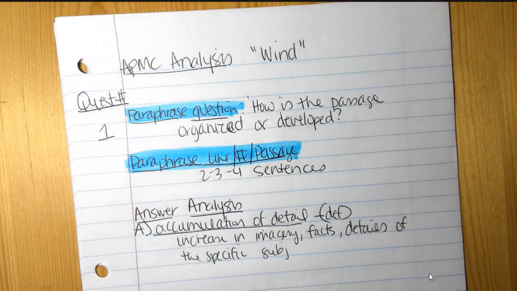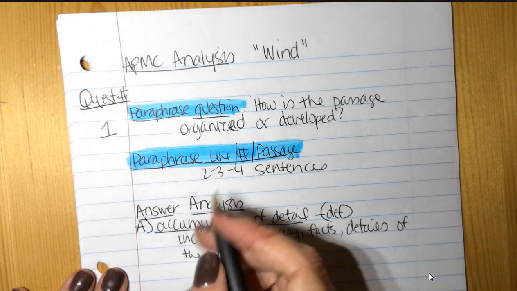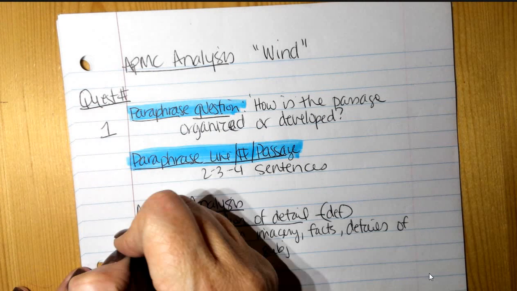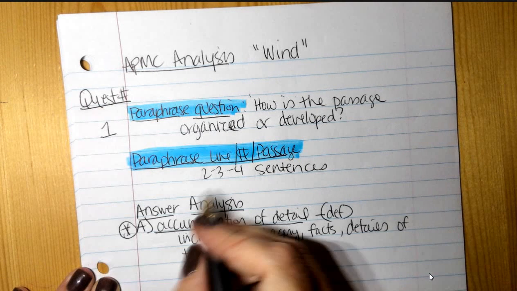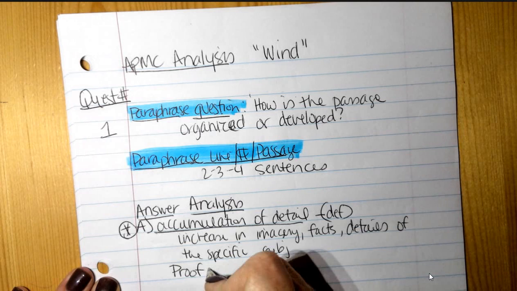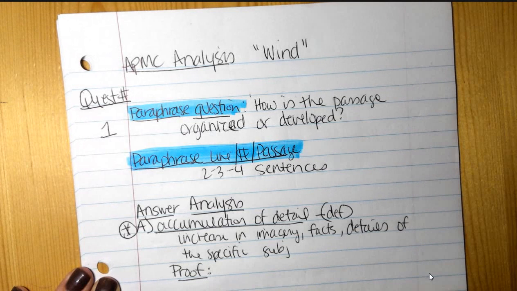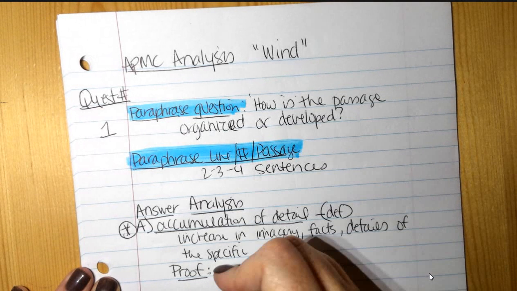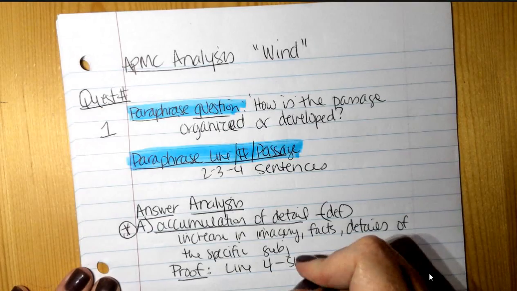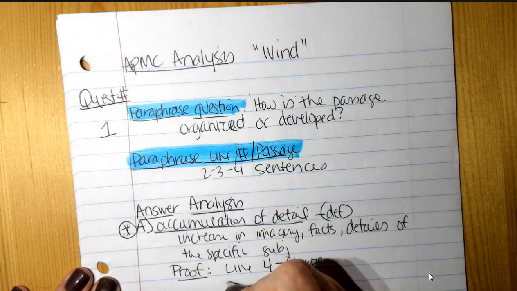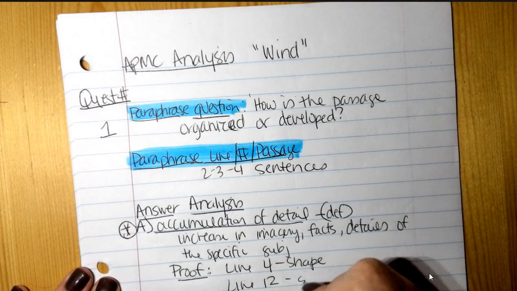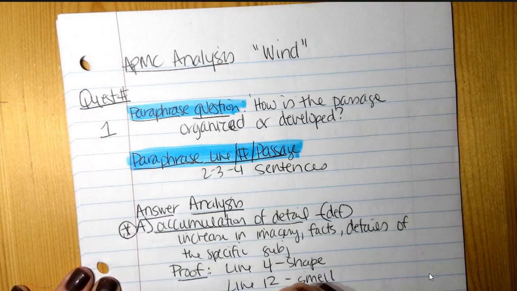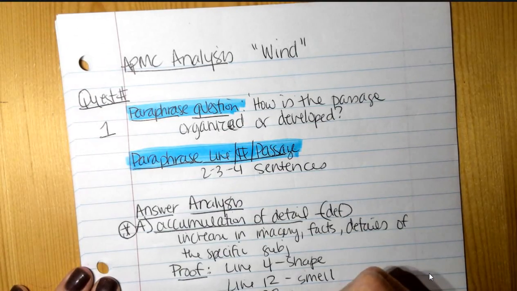Okay? Now, A is the correct answer, right? So I need proof of it. Proof being line 4 talks about the shape, and I'm totally making this up. Line 12 talks about the smell. Line 28 talks about the feel.